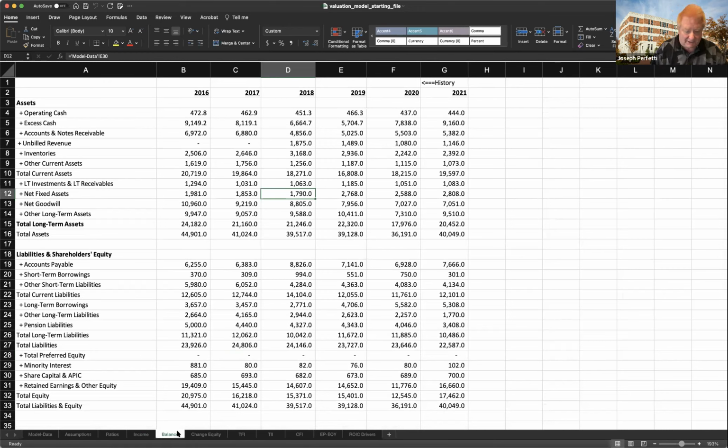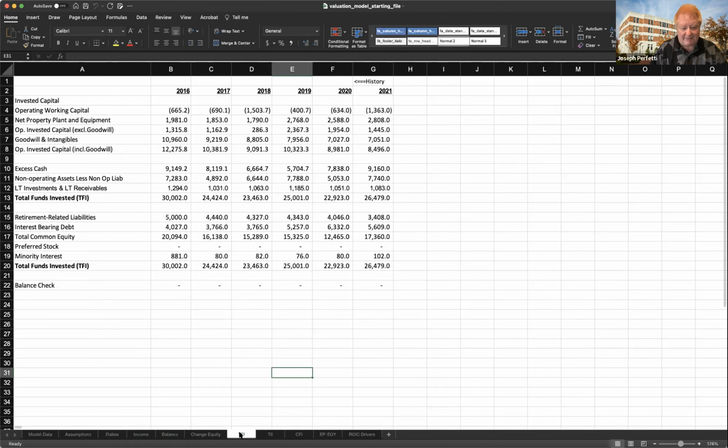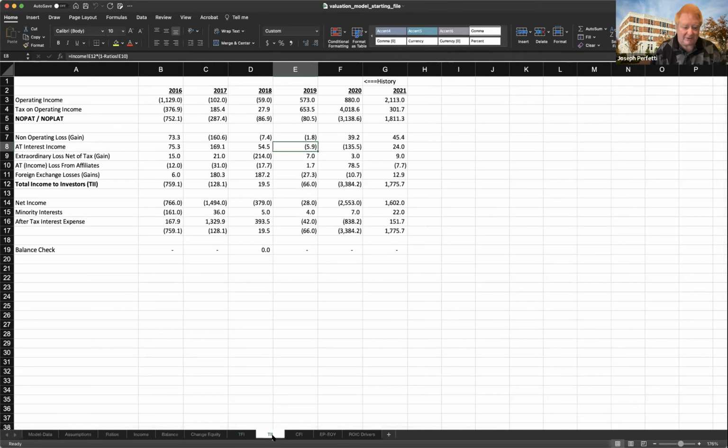Now, the next thing I've done is take this balance sheet and I've mapped it to this tab called TFI. There are 6 years of converted and balancing TFIs. I'm sure you would have appreciated this on your midterm exam. The next tab is called TII, which is mapped to the income statement, which is 6 years of converted and balanced TIIs.